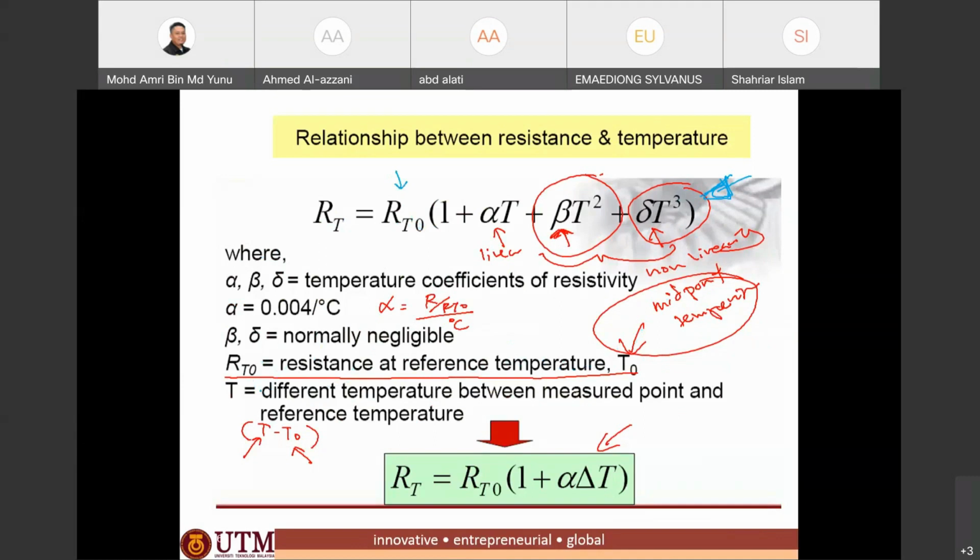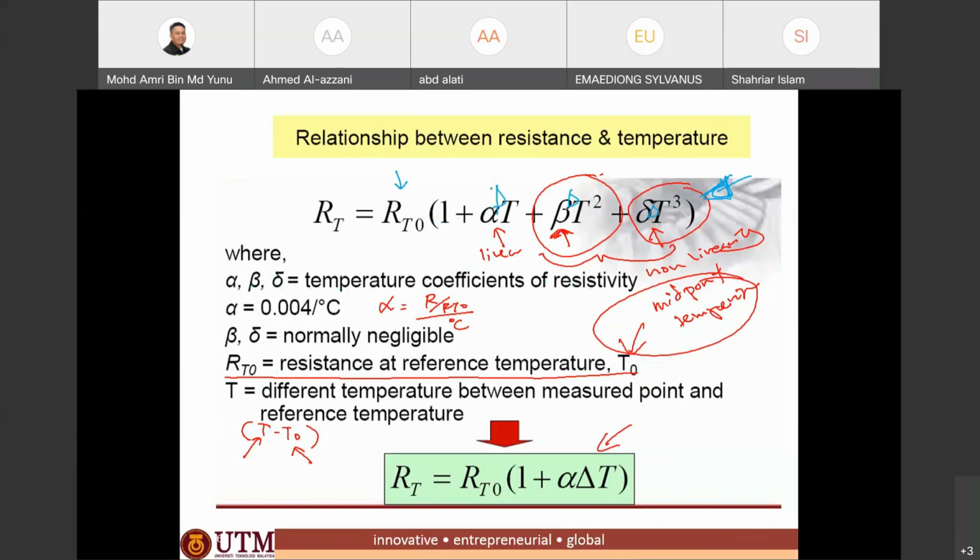T is basically the temperature, and the difference, T minus T naught, is the delta T. And alpha, beta, and delta are the temperature coefficients.